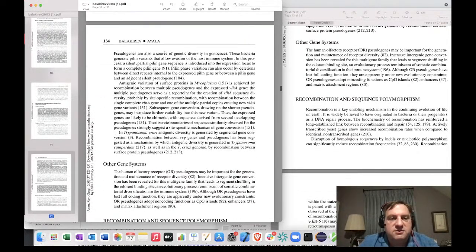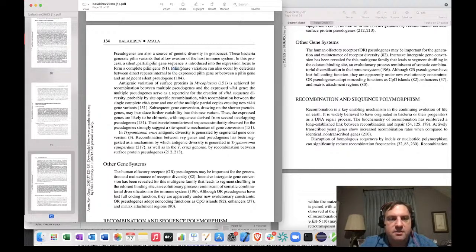Pseudogenes are also a source of genetic diversity in gonococcus. These bacteria generate pilin variants that allow evasion of the host immune system. So a partial pilin sequence is introduced into the expression locus to form a complete pilin gene.